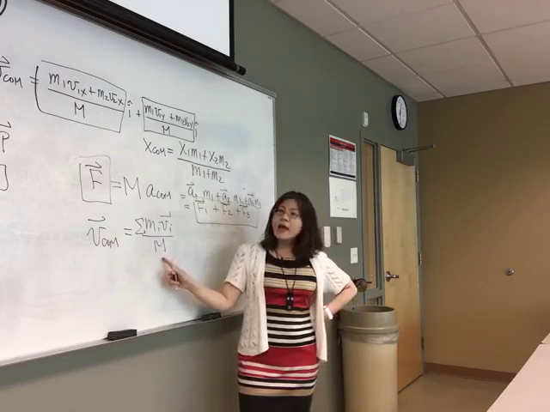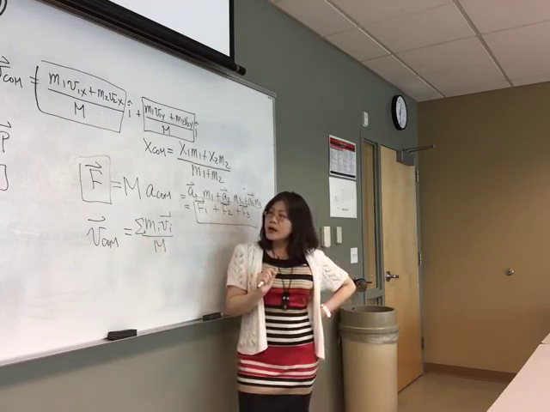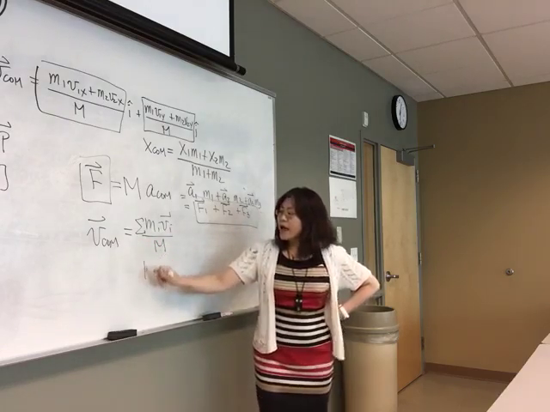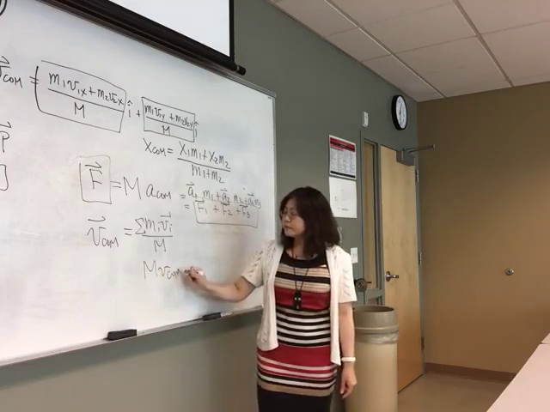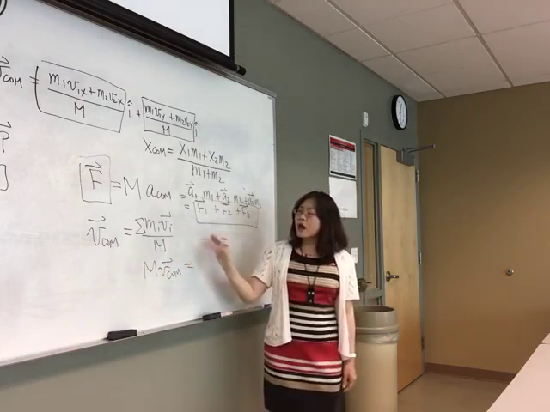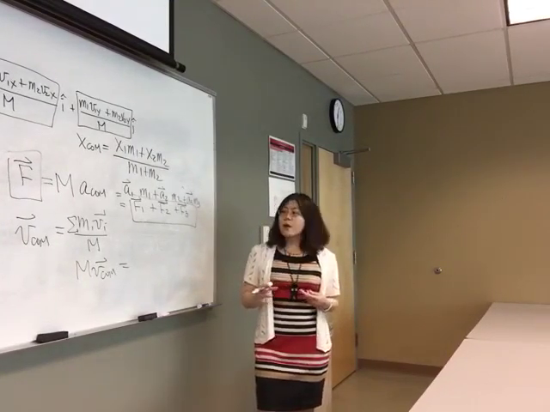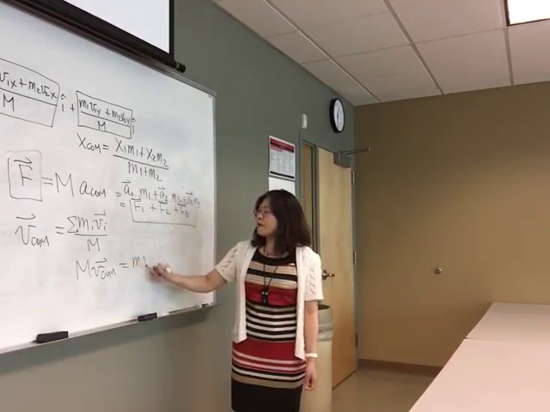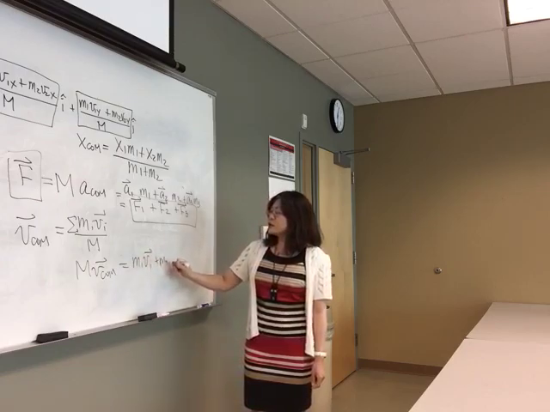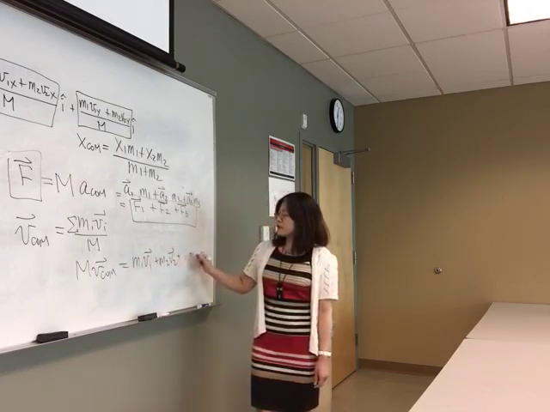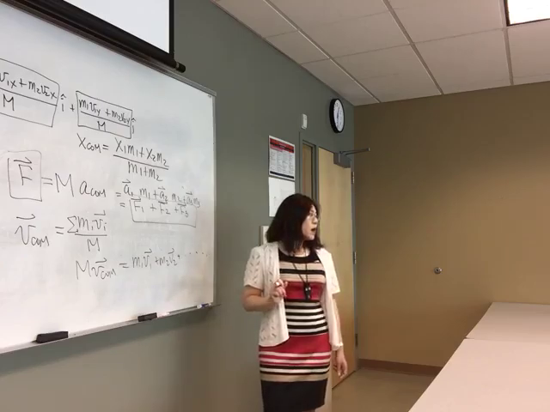So when you multiply M on both sides, what do we get? You have M times V_COM, and on the right-hand side, the summation of each individual m_1 v_1 plus m_2 v_2 plus, continuing depending on how many particles you have.